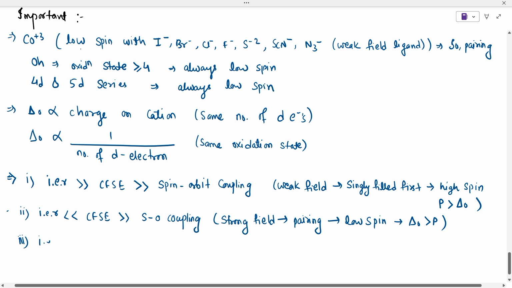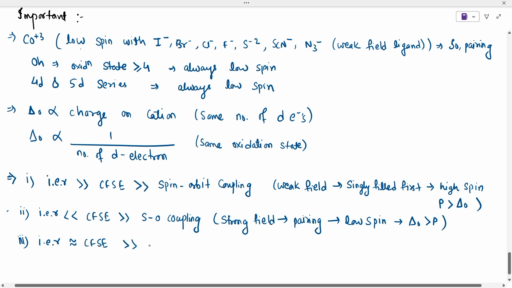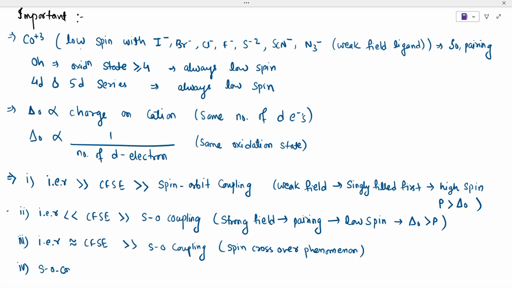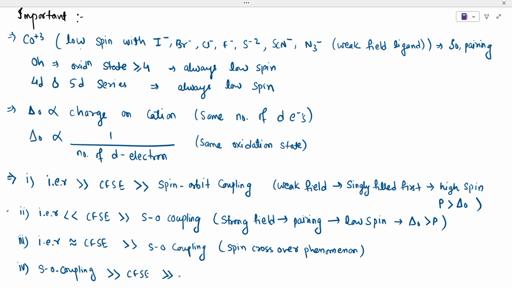The condition when interelectronic repulsion is almost equal to CFSE energy, that is greater than spin orbit coupling, then here the spin crossover phenomenon will occur. Then the last and fourth one is when spin orbit coupling is greater than CFSE energy, that is also greater than interelectronic repulsion.